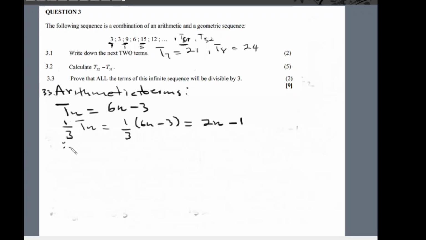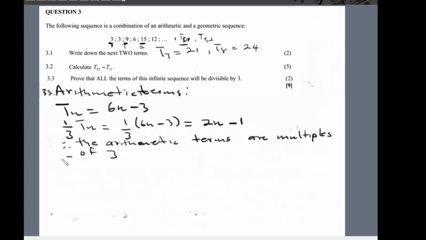Therefore the arithmetic terms are multiples of 3, therefore they are divisible by 3. Otherwise, if they were not multiples of 3, we would get a remainder somehow. We wouldn't get a whole number when we divide Tn by 3, right?